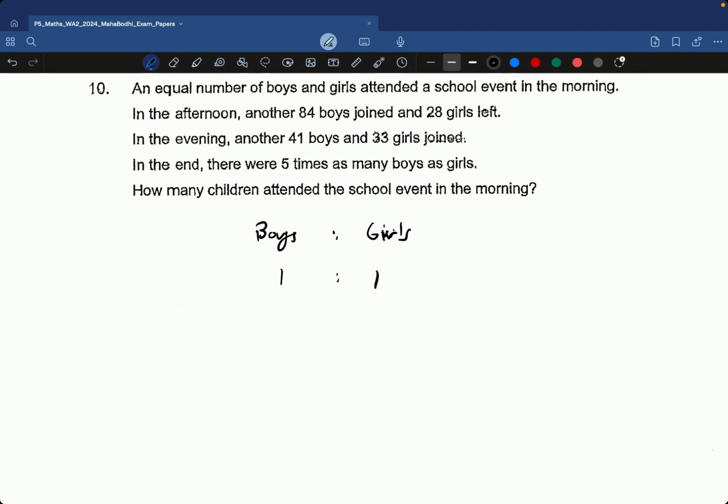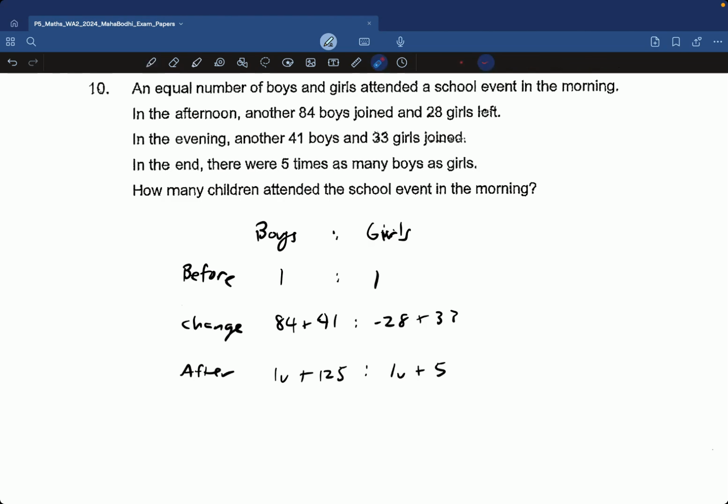So in this case, this is before. The change is 84 plus 41 for boys, and for girls, it is minus 28 plus 30. And after, it is 1 unit plus 125 for boys, and 1 unit plus 2 for girls. Then at the end, there were 5 times as many boys as girls.